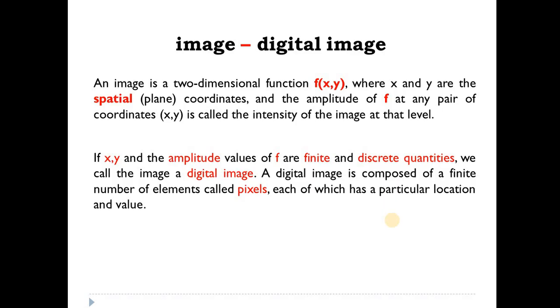So if x, y are discrete and f is finite and discrete, then that image is called a digital image. A digital image is composed of a finite number of elements called pixels. Pixels means picture elements. Each of these pixels has a particular location and a value.